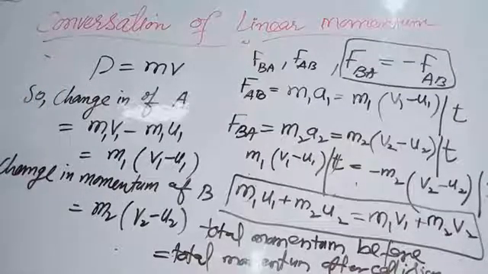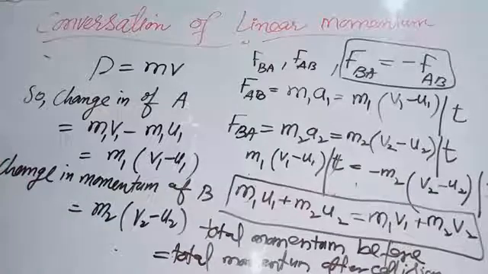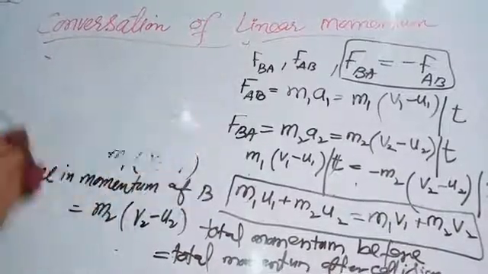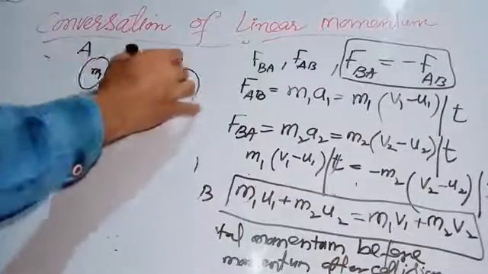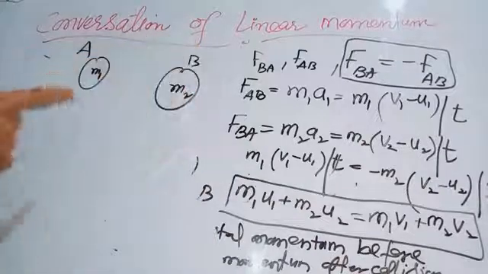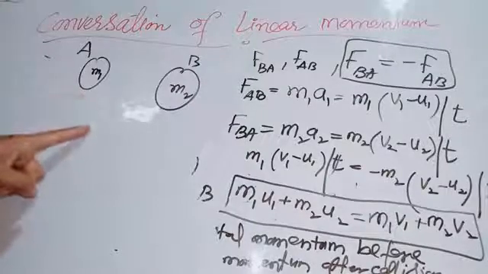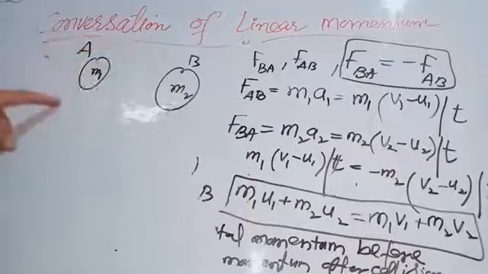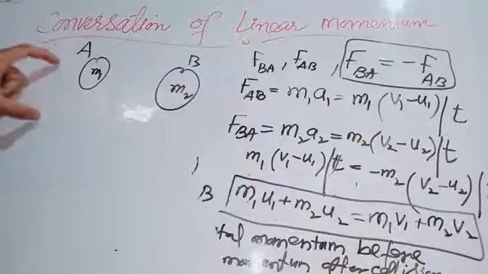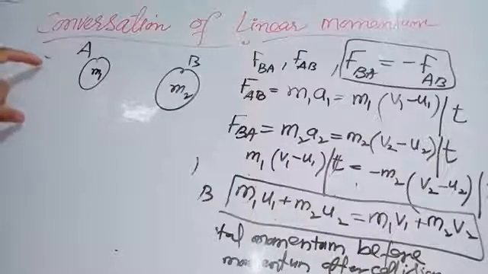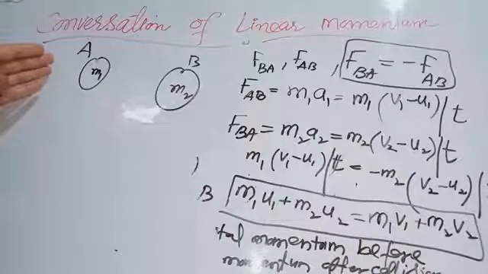So in conclusion, we can say that when two objects, suppose object A and object B, are subjected only to their mutual interaction, this means that if the external force is not there, the system is called an isolated system.